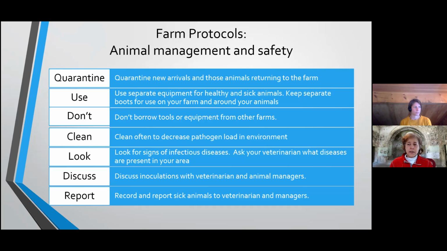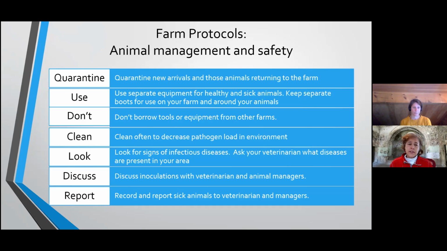Clean often, say in between groups, to decrease the pathogen load in the environment. And then watch for signs of infectious diseases, especially during quarantine. Talk to your veterinarian about what things you might want to be alerted about, and get familiar with those so you know what the symptoms are.